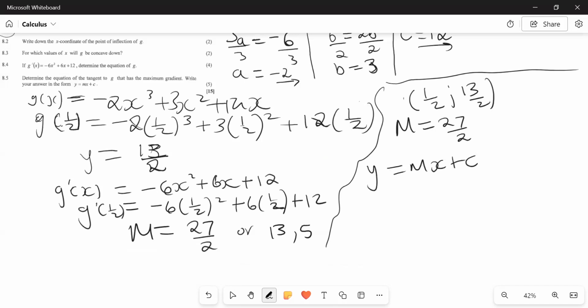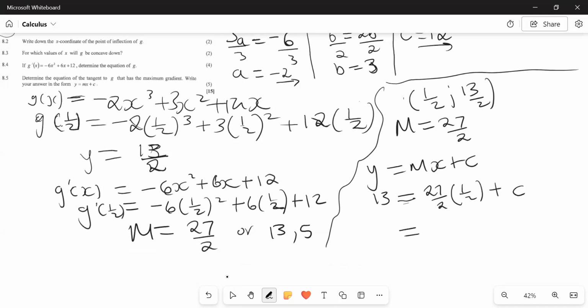Our y is 13/2, our gradient is 27 over 2, our x is 1 over 2, plus c.